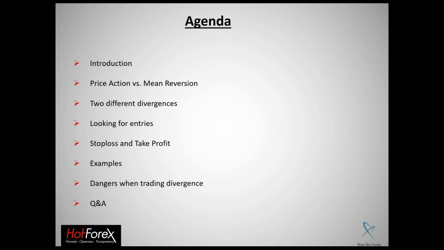We'll take a look at stop loss and take profit levels that you can use. I'll show you a couple of examples that I picked up from the actual price charts. And we'll be going through some dangers that you encounter in relation to trading divergences. And as usual, at the end, we'll have a Q&A. I'll do my best to answer your questions.